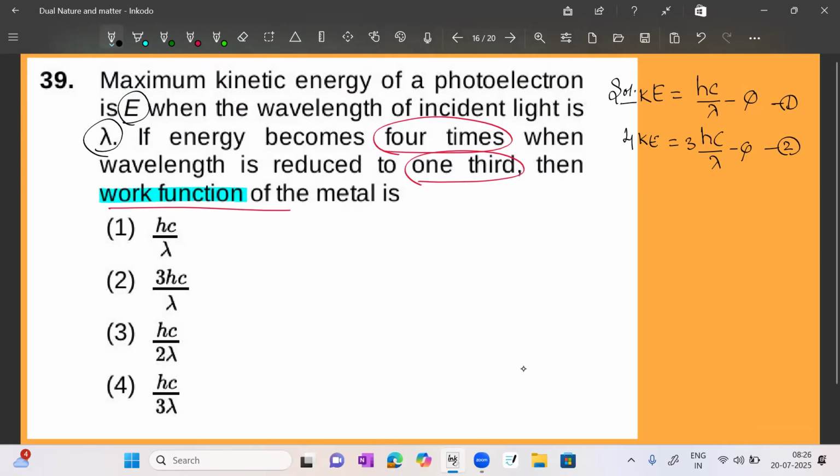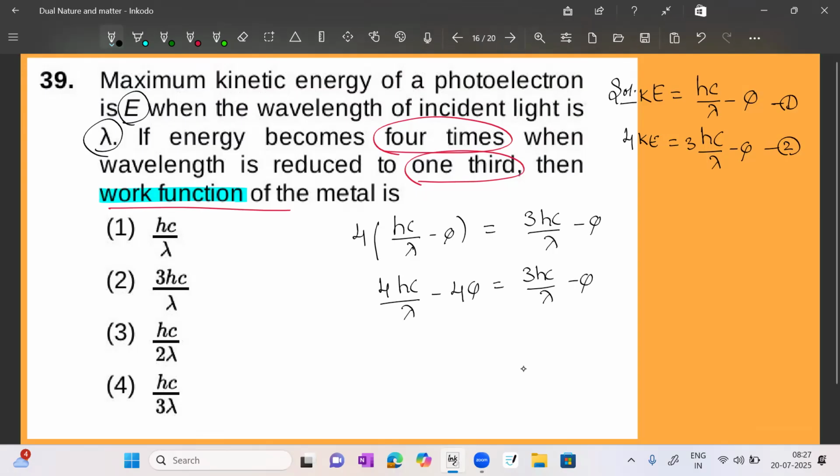Why? Because from equation 1 and equation 2, 4K value is how much? 4 hc by lambda minus 4 phi is equal to 3 hc by lambda minus phi.